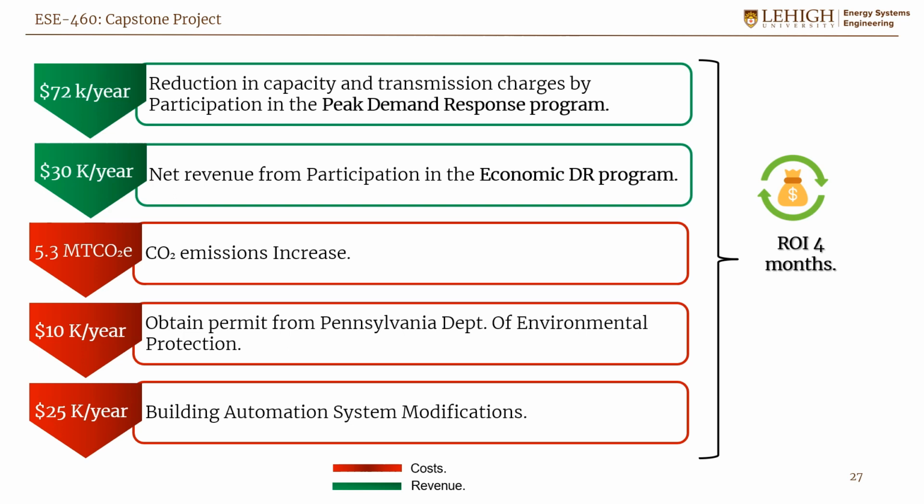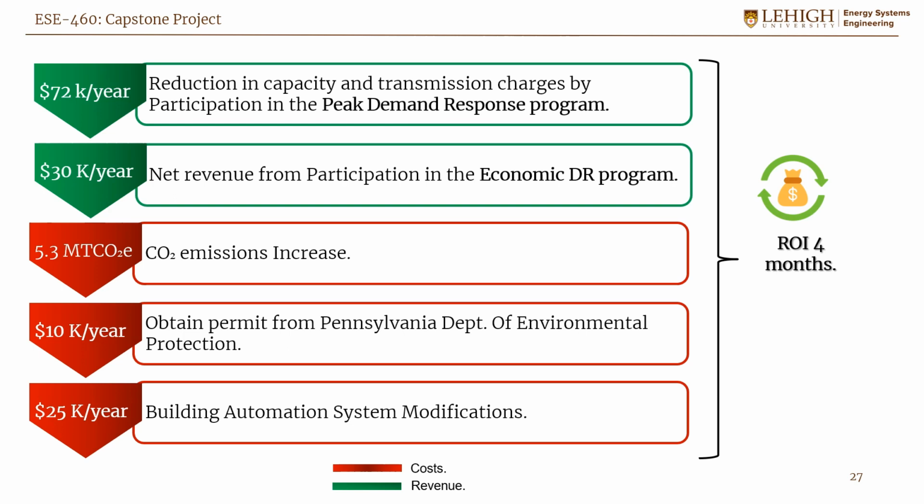Lehigh University could invest $35,000 as an initial cost to obtain permits from the Pennsylvania Department of Environmental Protection and modify the existing building automation system to be able to run generators and reduce load during events. With this investment, potential revenue will be around $102,000 per year, which means that the return on investment will be almost 4 months.